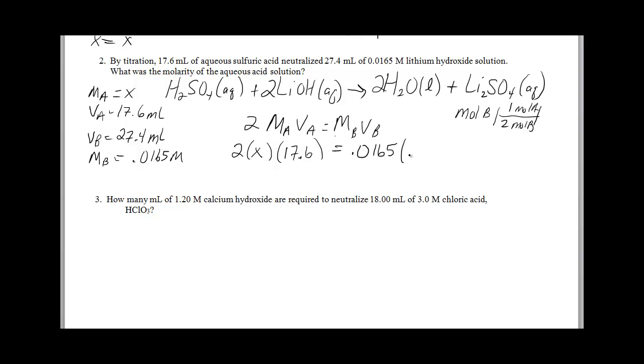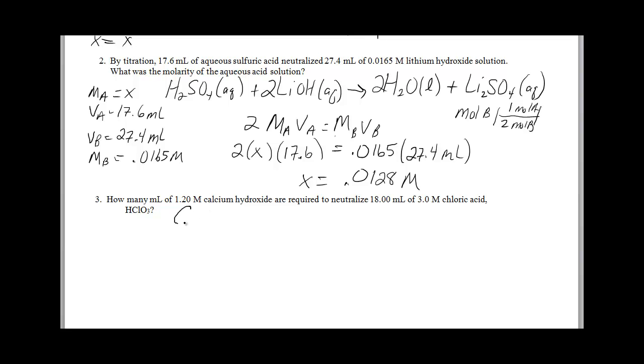And what's the volume of that base? 27.4 milliliters. Now the math: make sure when you divide this, 2 times 17.6, that number gets divided into both. Doing that, I will have 0.0128 molar.